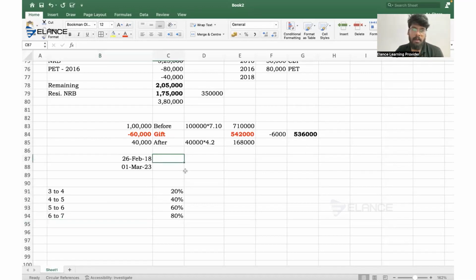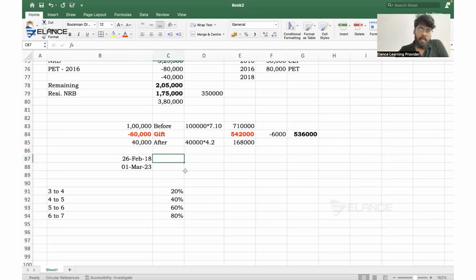And here, on 22nd February 2018, he made the transfer. In February 2019, it is 1 year, then 2020, 2021, and so on. When it comes to 22nd February 2023, he is completing 4 years and has not completed 5 years.